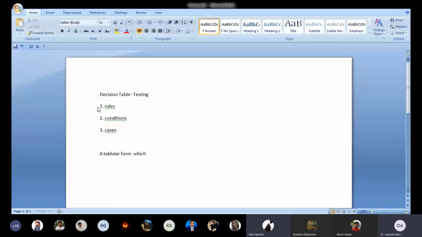There are no decision tables in white box testing. We are talking about the black box right now, where the decision table is still there.